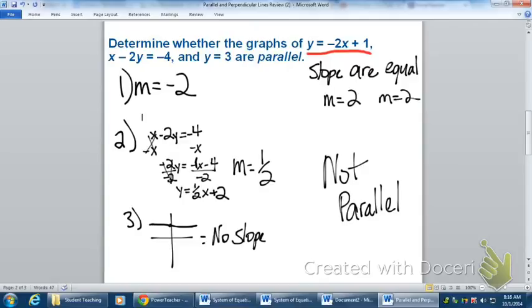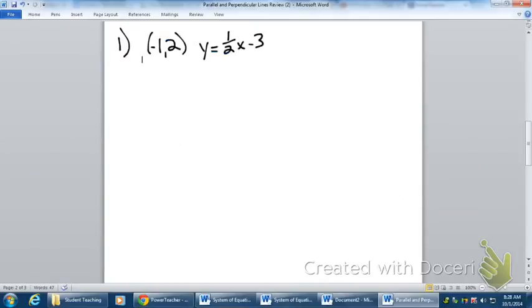All right. The line has to be parallel to that original equation of y equals 1/2 x minus 3. So, for our new equation that we're going to have to write, what is our slope going to be if it has to be parallel to that first equation? Y equals 1/2 x.